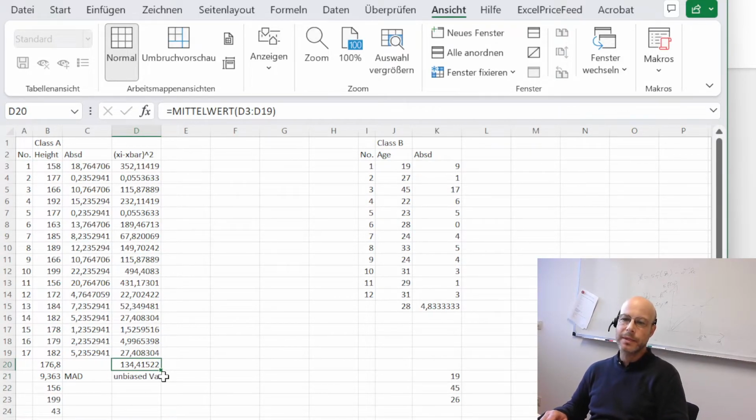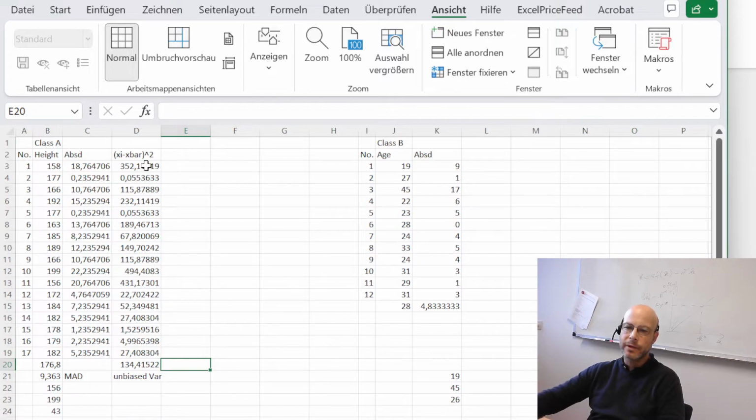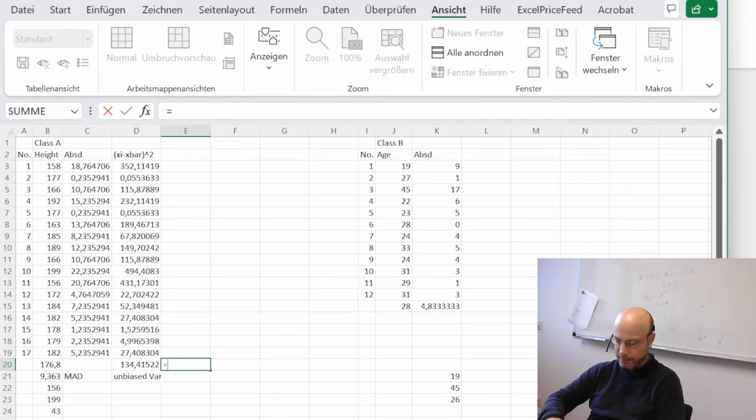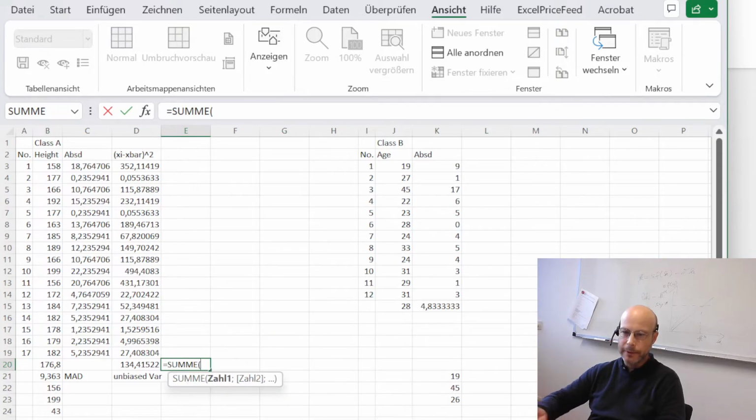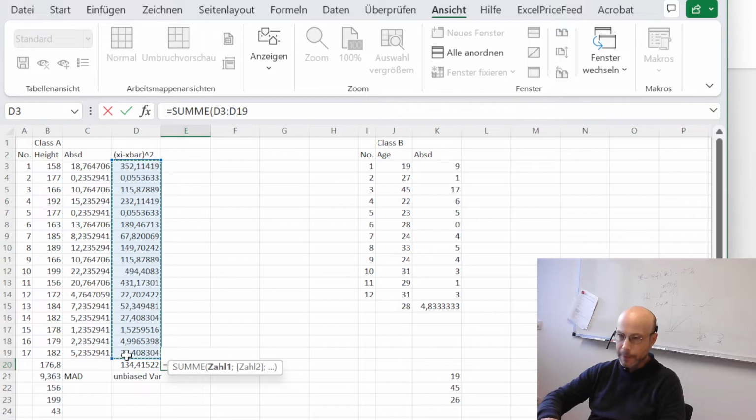And how do we obtain biased variance? Well, in this case, we have to divide the sum of these numbers just by n minus 1. So, for example, we can do this, sum it up, dividing by n, which is 17 minus 1.